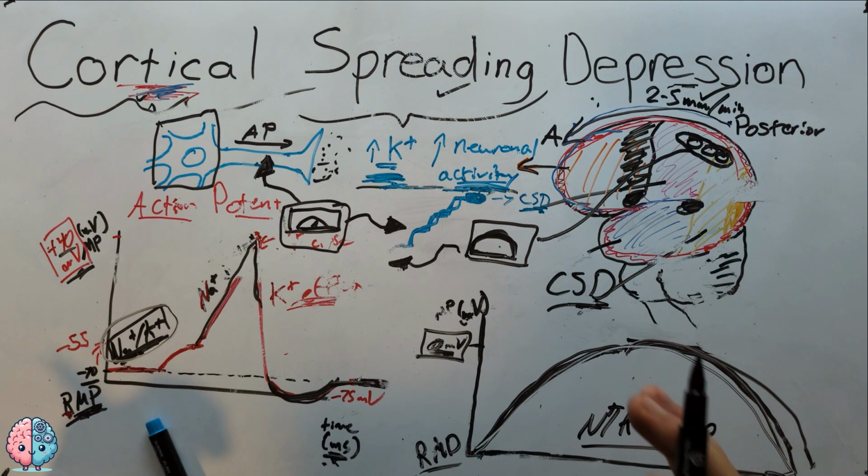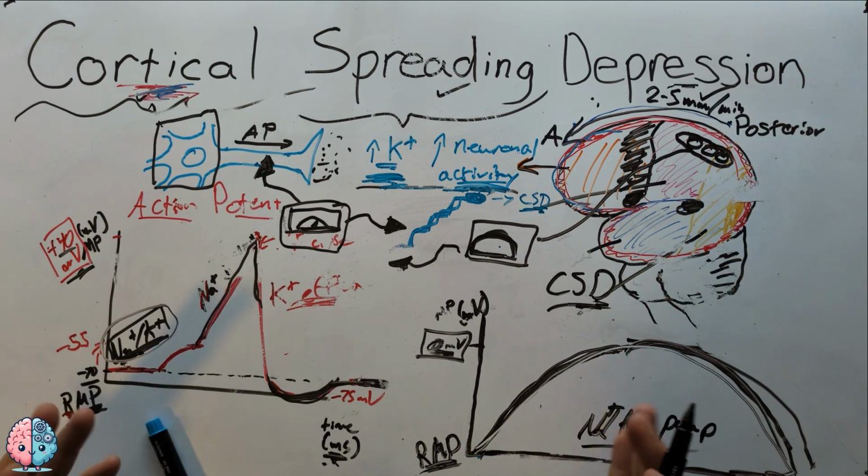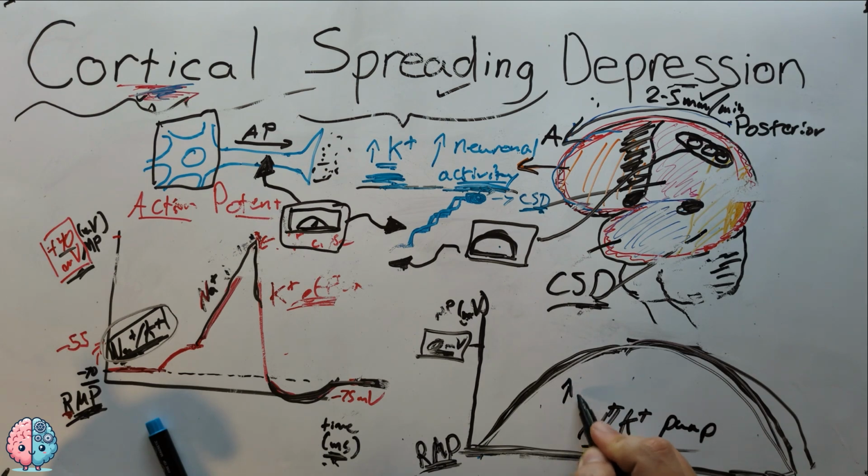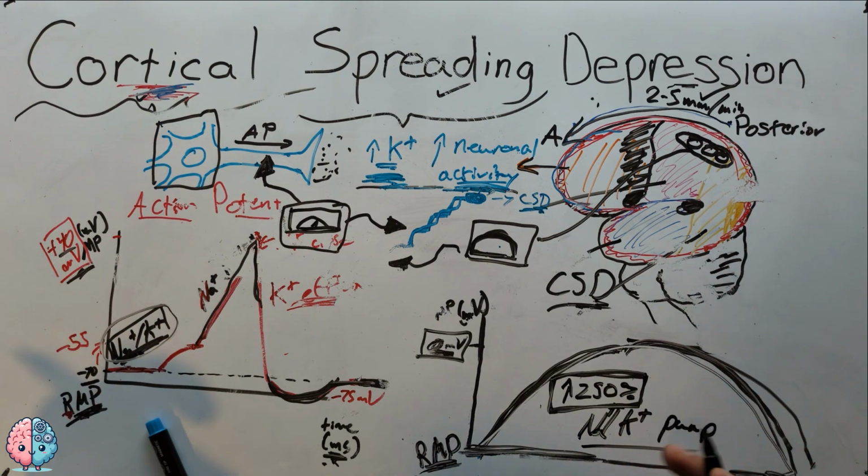This means you need large amounts of ATP for ions to move against their concentration gradients so we can reach the resting membrane potential again. This results in up to a 250% increase in glucose use. So this is a massive energy demand. It kind of makes sense. This may be part of the reason we're fatigued after a migraine attack. So much energy has been used.